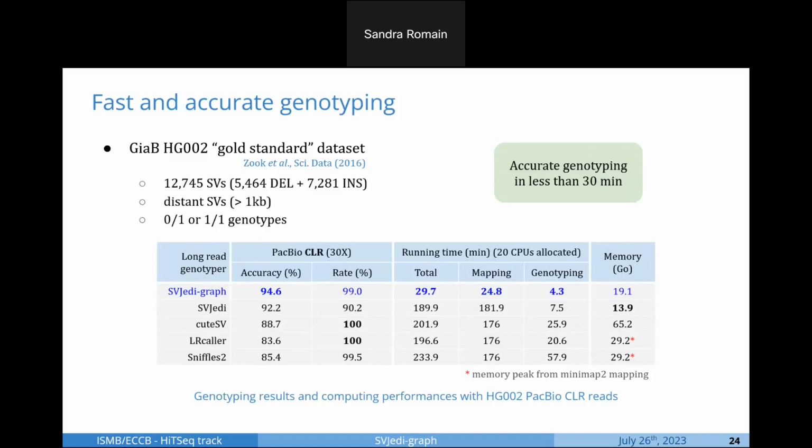Here we showed that SVJedi-graph was able to genotype almost all of the 12,000 SVs with a higher accuracy than the other tools, and in less than 30 minutes, which is at least 6 times faster than the other tools. And even without considering the mapping time for the other tools, our total computing time was still comparable to it or lower, with the exception of SVJedi.